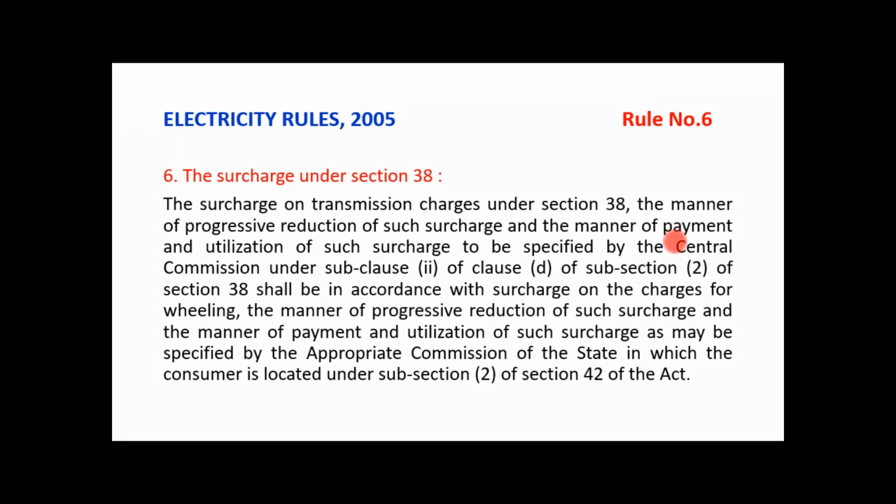We have already discussed who the Central Commission Authority is, what its constitution is, that is chairperson, members, their eligibility, their criteria, their experience, their duties, functions, powers, etc. So this Central Commission is going to decide about this surcharge with reference to section 38. Then on similar lines, the appropriate commission of the state can also decide about these things.